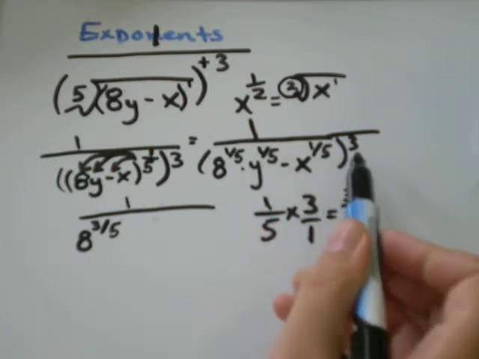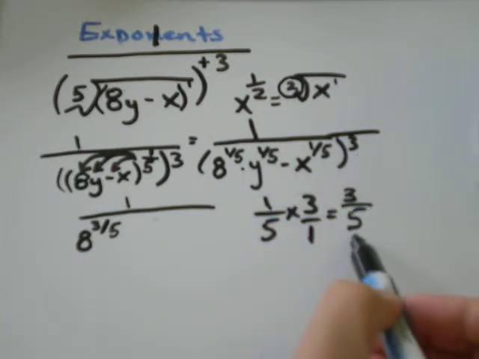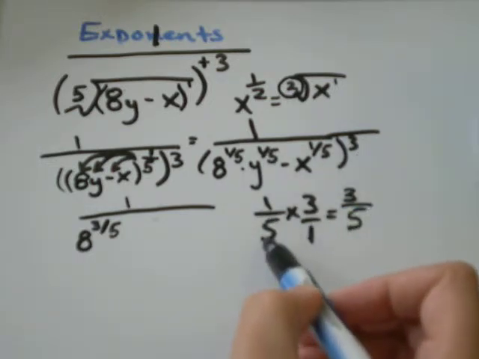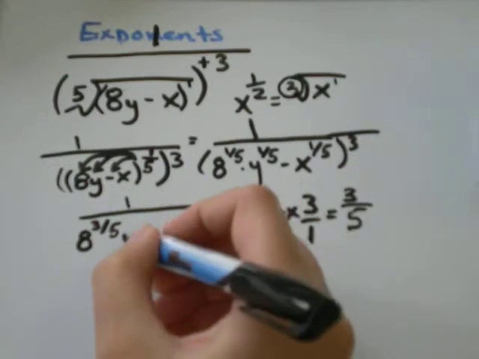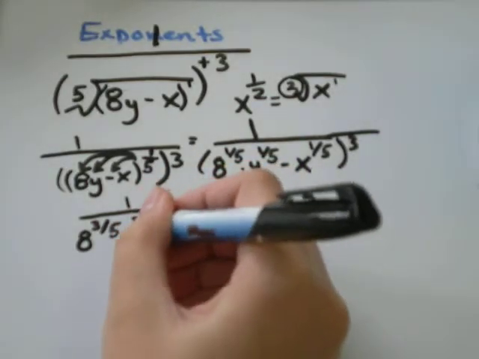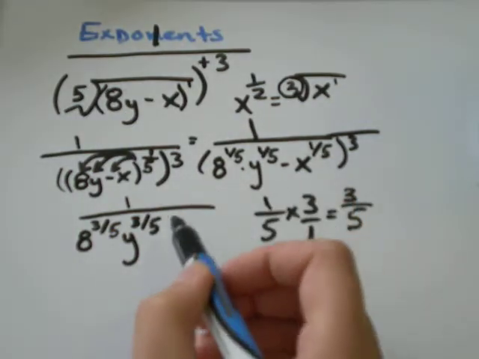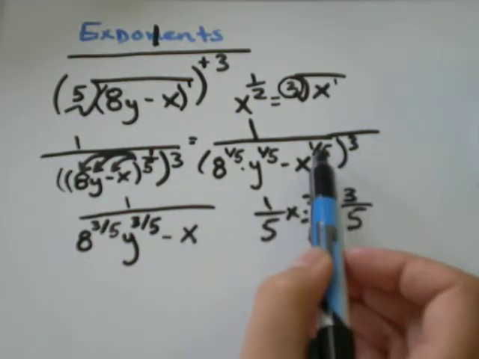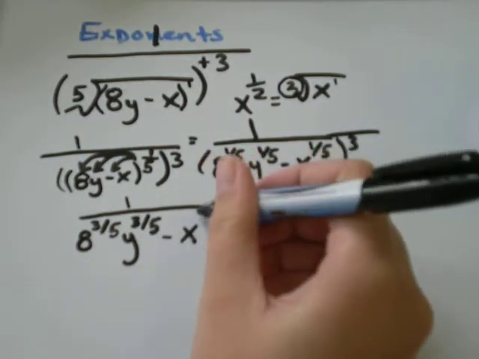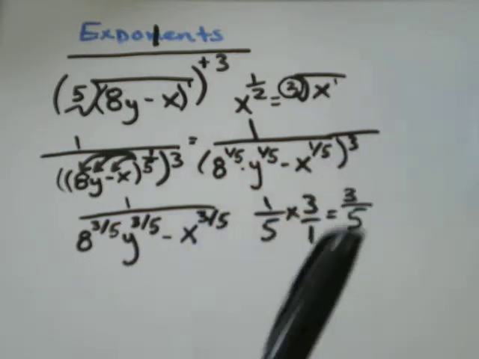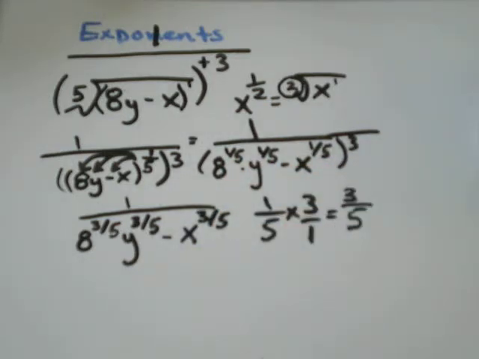Y to the 1/5 cubed would also be y to the 3 over 5. We're using this 1 over 5 again, cubing it. That would be y to the 3/5 minus x to the power of 1 over 5 times 3, which would also be 3/5. And I think what we should do is say that that's our final answer.